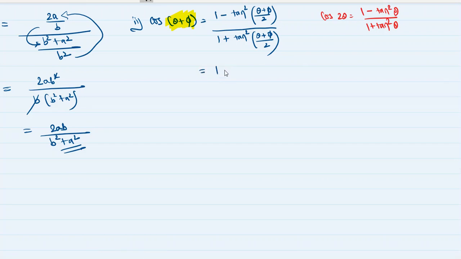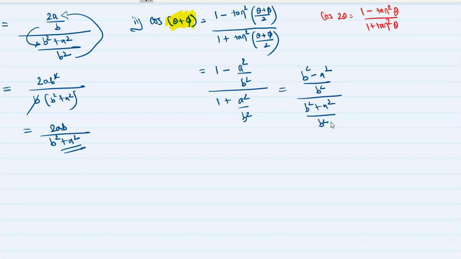So this will be 1 minus a square by b square upon 1 plus a square by b square, which is equal to b square minus a square by b square upon b square plus a square by b square. B square will be cancelled, and we'll get b square minus a square upon b square plus a square. So that is the value of cos of theta plus phi.